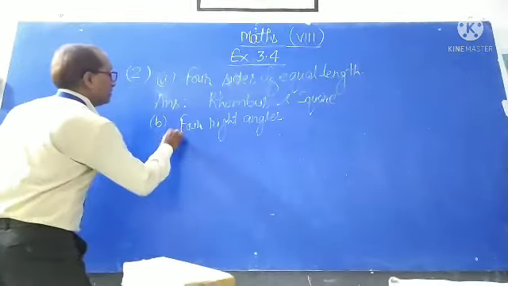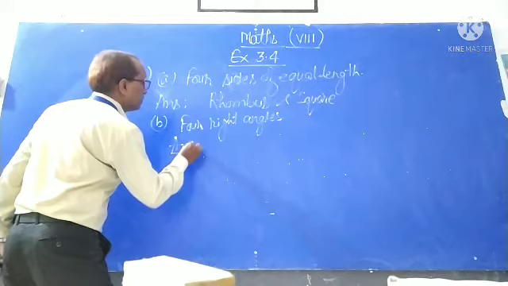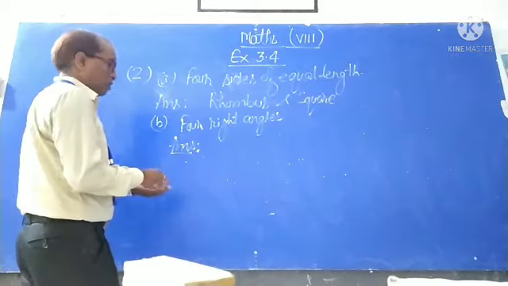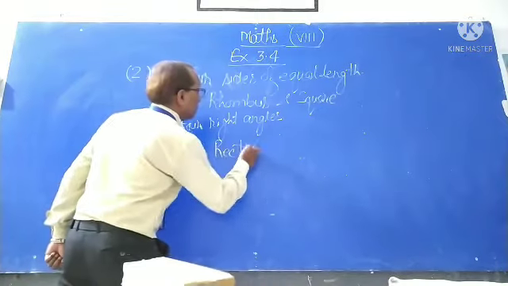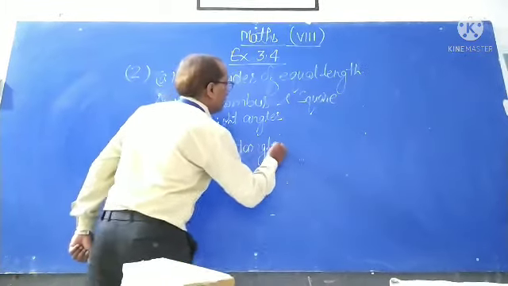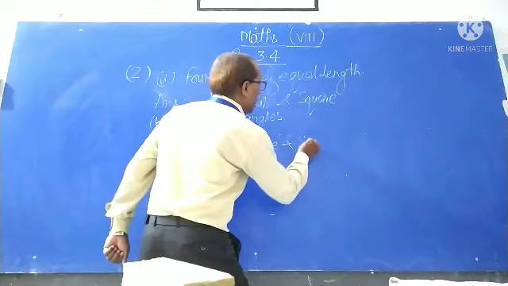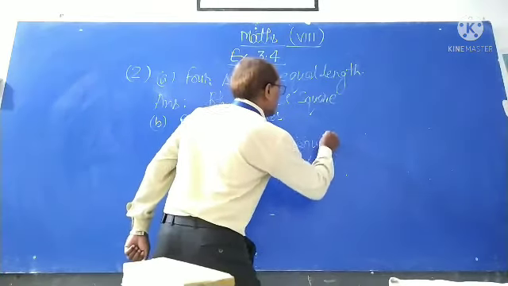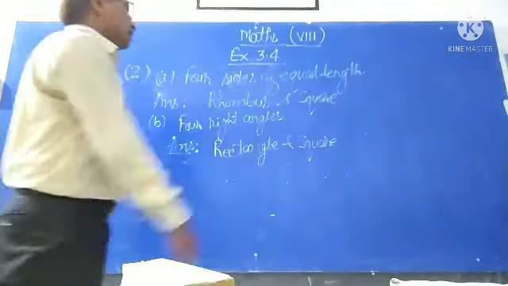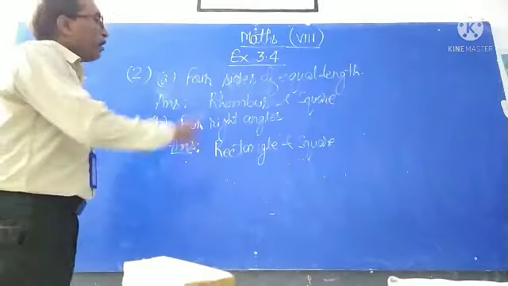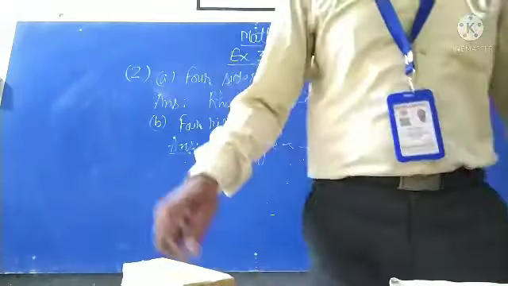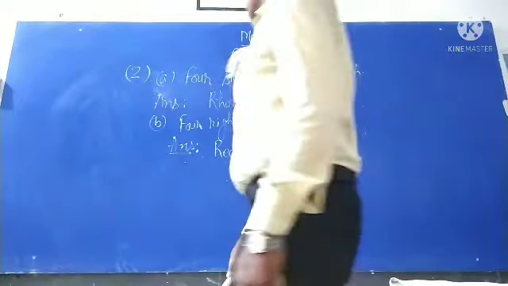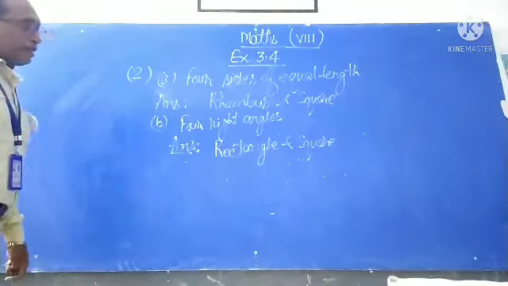Your answer is rectangle and square. These two quadrilaterals have all angles of 90 degrees. Okay? Write down please.